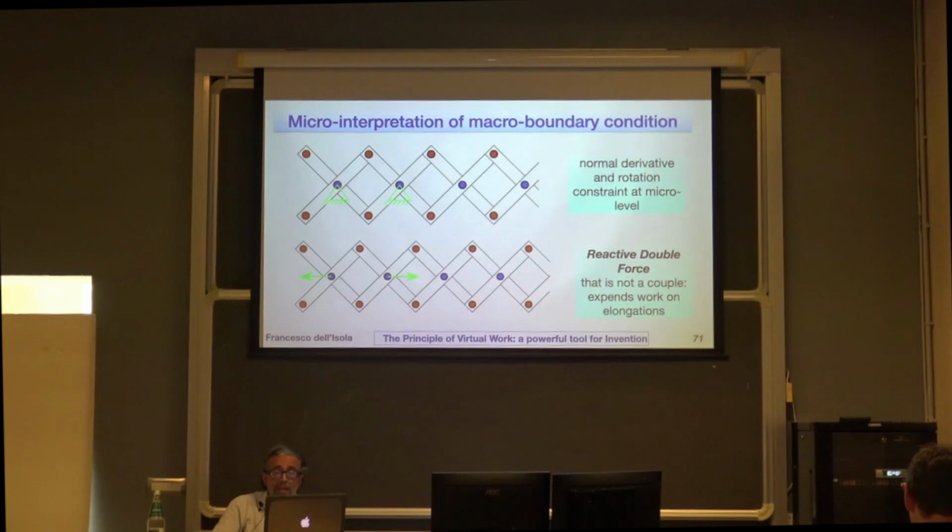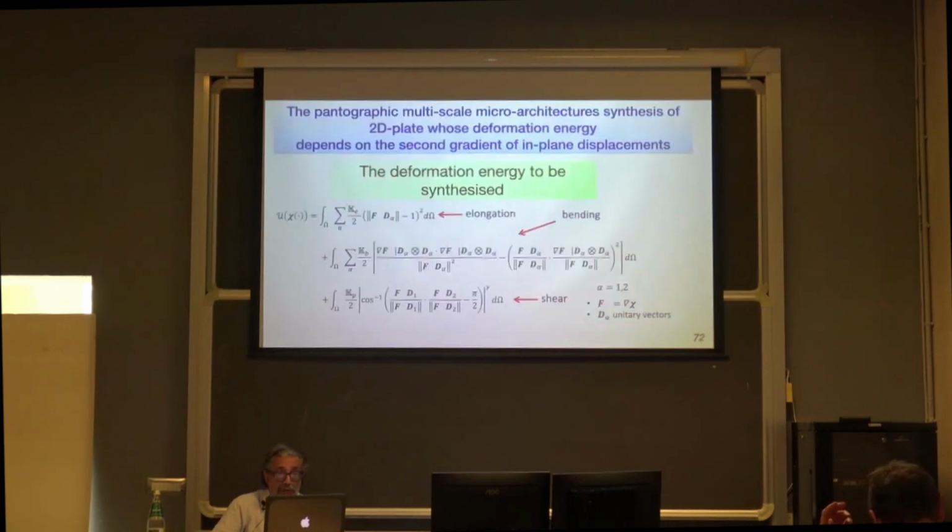Double forces are the reactive interactions, which is not a couple, and expend work on elongation. So you understand that the micro-macro identification process gives you also an effective way to interpret physically the integration by parts result which I gave you, and it was purely formal.